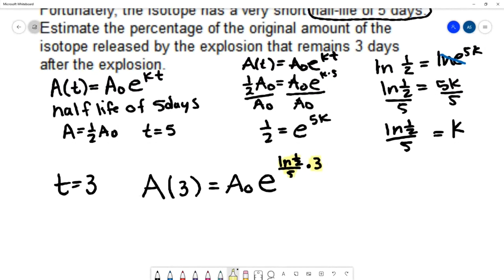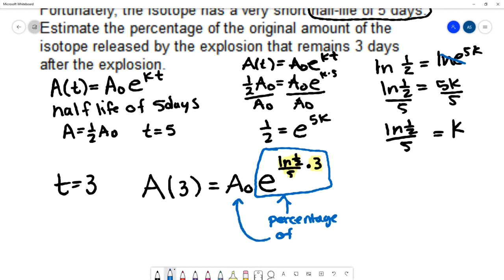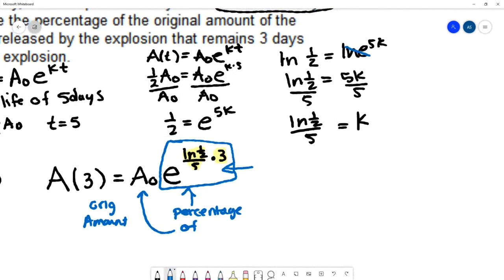Now what we're supposed to do is in our calculators input this right here. This is going to give us a percentage of the original amount. So we're going to type this in our calculator, and then we're going to turn it into a percentage. Let's get our calculator.